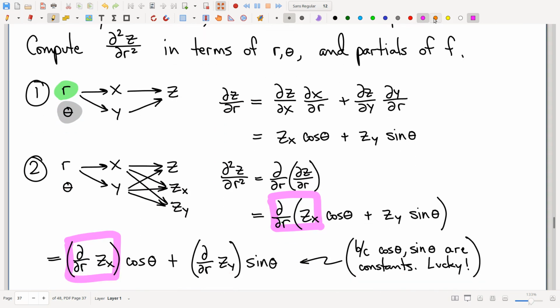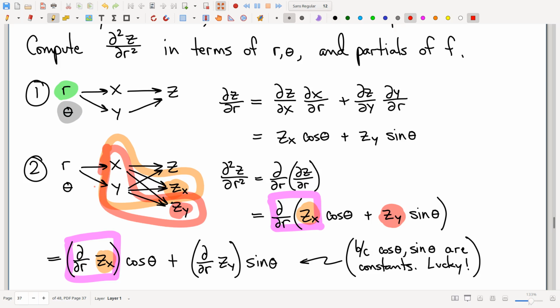So this zx, it's a function of x and y, and let's represent that accordingly. And likewise, zy over here, that's a function of x and y, and so let's indicate correspondingly on the diagram. Everybody with me?